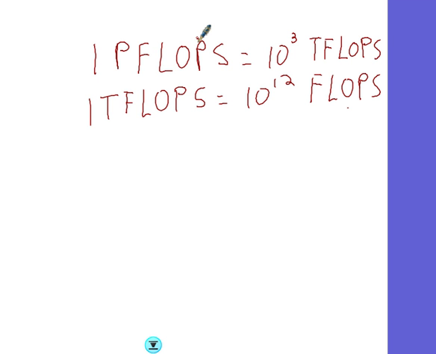So we have 2 exponents there. What are my 2 exponents? 10 to the 3rd, 10 to the 12th. If I multiply them together, I should be able to find out how many flops that is. So what is 10 to the 3rd times 10 to the 12th equal? 10 to the 15th.